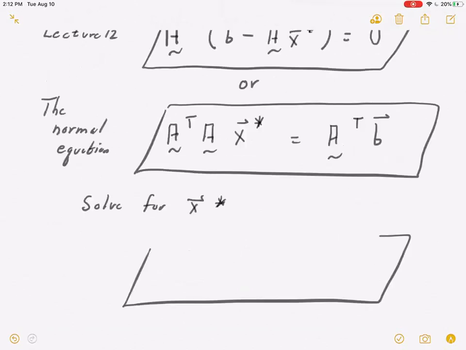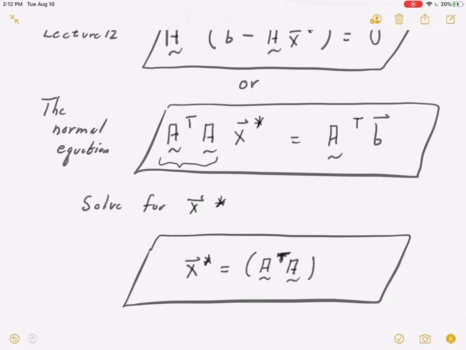So that's relatively easy, right? We take this creature here, take its inverse, and then left multiply both sides of the equation by that inverse. And we get X asterisk equals the inverse of this matrix product times A transpose B.